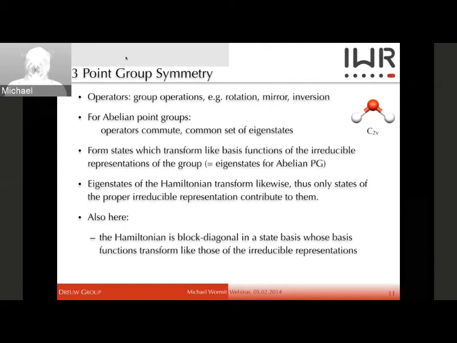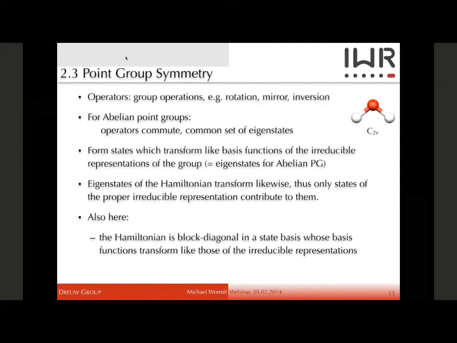So for these 3 operations, the rotation around the z-axis through the oxygen atom by 180 degrees and the 2 mirror planes are all operators which commute with each other. So there's a common set of eigenstates, and we could go forward as we did with the spin. So construct these eigenstates and have the block structure right away out of the operator algebra.